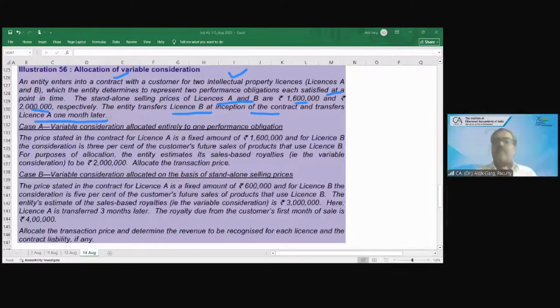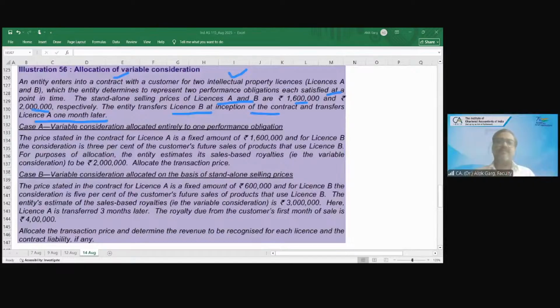So there are 2 licenses, 2 separate performance obligations, correct? License B has been transferred at the inception of the contract and license A has been transferred after 1 month. So at the inception of the contract, are both the revenues, license A and B, recognized or only license B revenue?